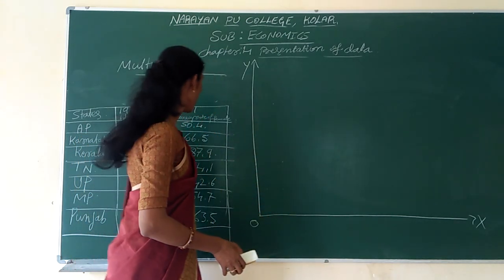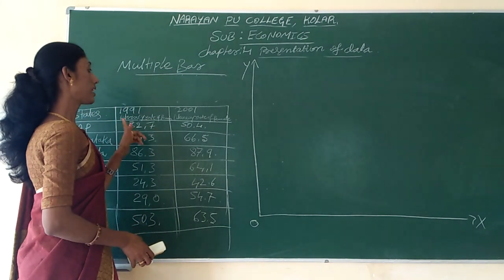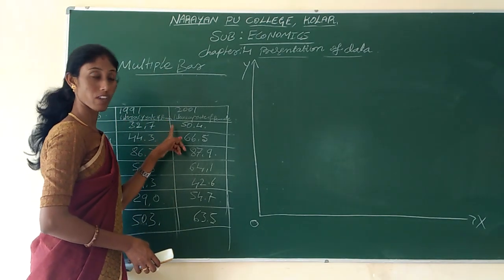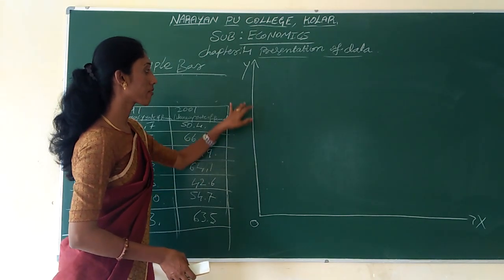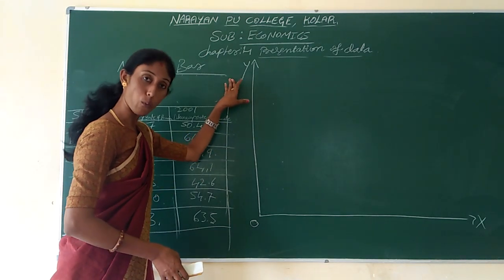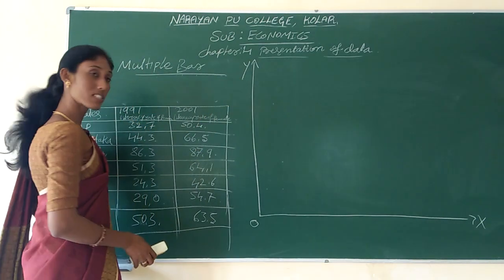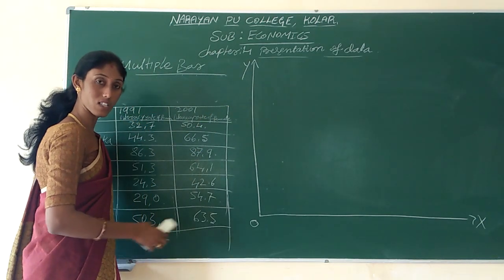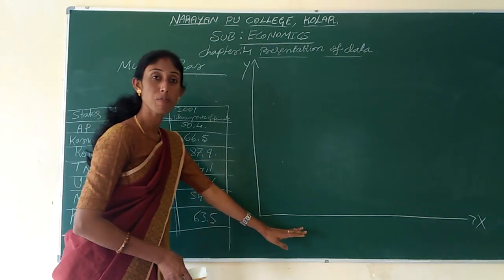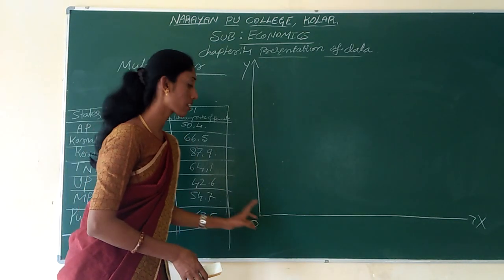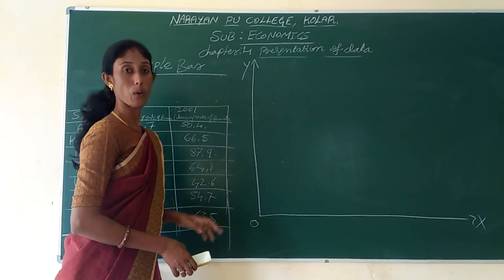In the same way, here the literacy rate of females is changing, so we measure the literacy rate on the y-axis. The states are the constant factors, so we measure the states on the x-axis.